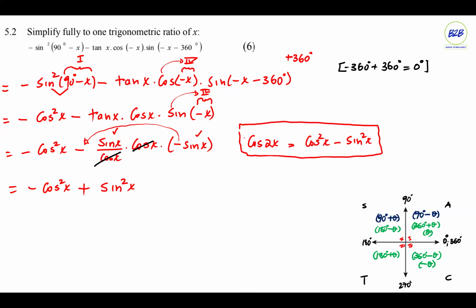So we must then do something. We must take out the negative as a common factor. Then we are left with cos squared x minus sine squared x equal to minus cos 2x. And that, folks, is how it goes.